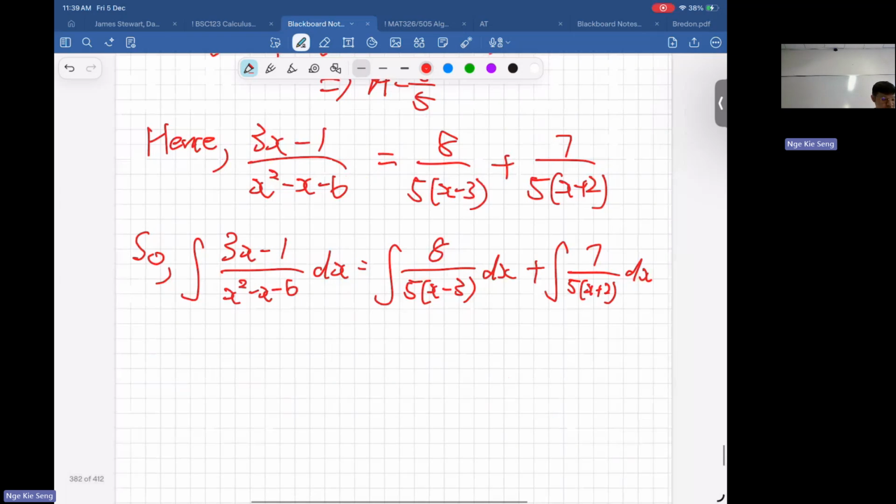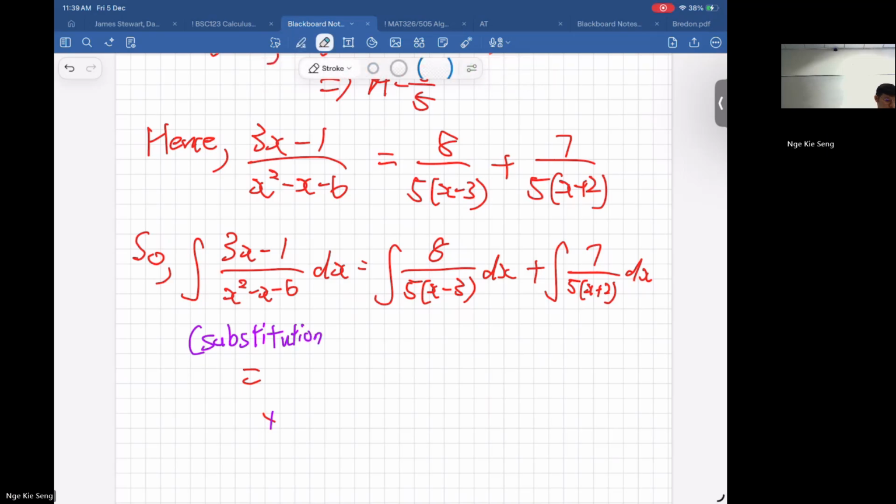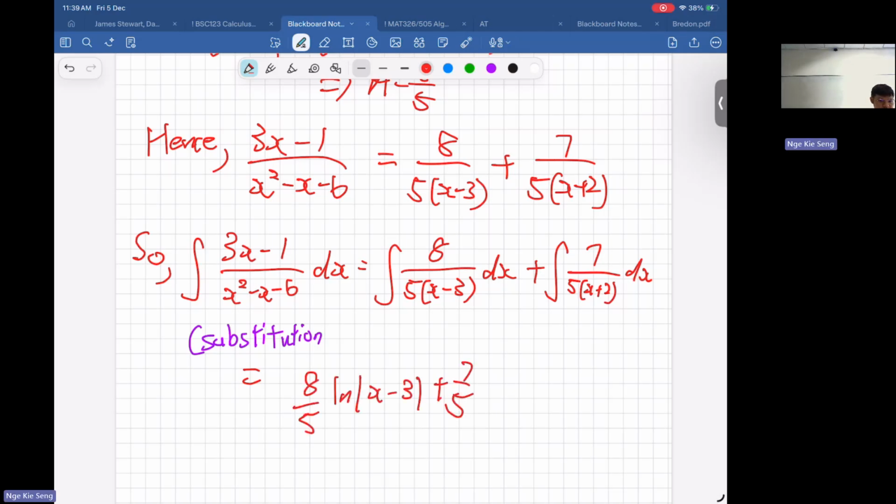Okay, so you can use your substitution to get 8 over 5 ln of x minus 3 plus 7 over 5 ln of x plus 2, like that.